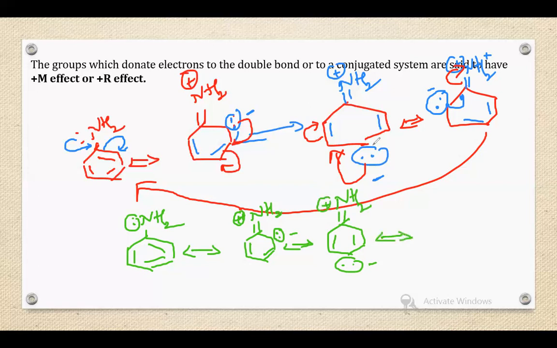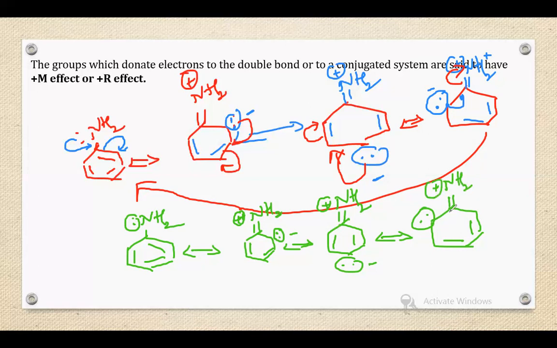I'm not writing arrow marks because I have written the same thing above and I'm explaining it. This will shift to the meta position, and the pair of electrons already there will shift to an ortho position. Then we have a structure. Here in the ortho position, if the pair of electrons shifts, there is already a double bond between nitrogen and carbon with a positive charge.